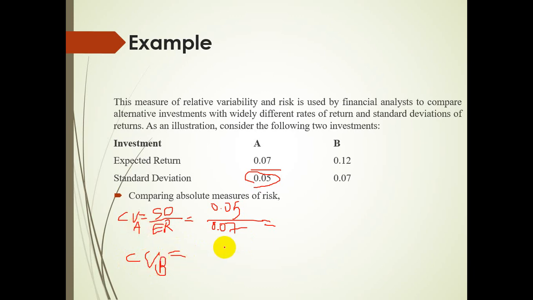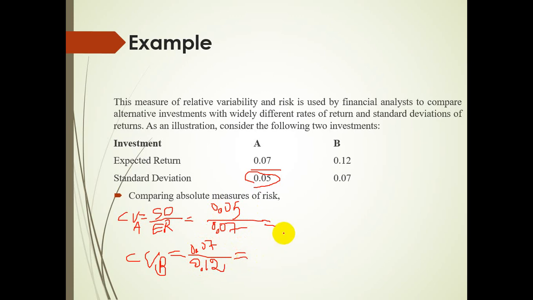Again the formula is the same: we have standard deviation of 0.07 divided by 0.12, right?